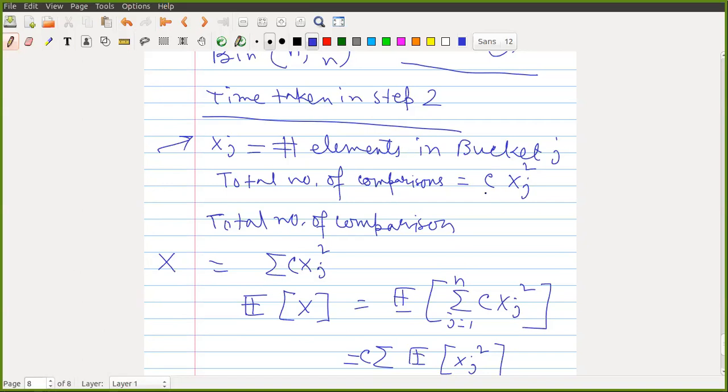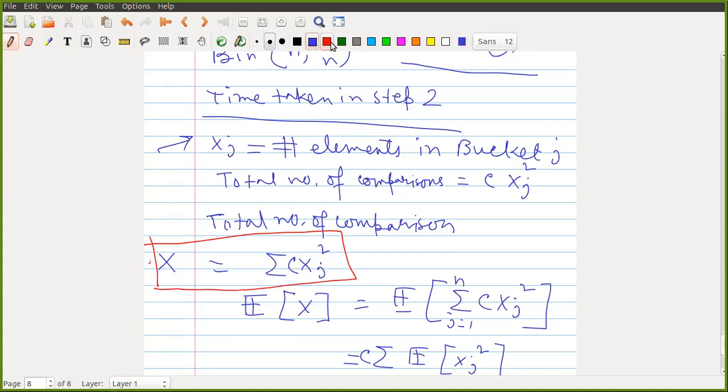So the total number of comparisons would be the sum of c xj squared, a sum over j.